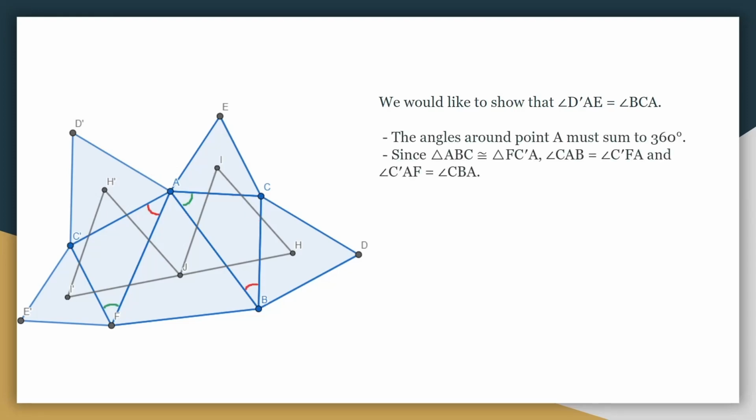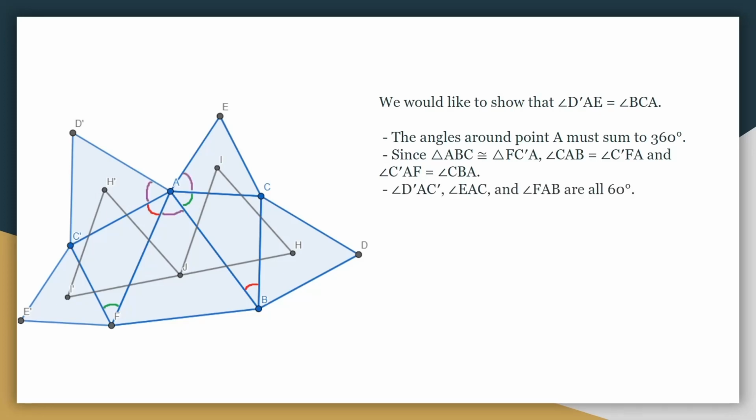First, let's observe that the angles around a point add up to 360 degrees, so the sum of angles around point A is 360 degrees. We also know that triangle ABC is congruent to triangle FC'A, so angle CAB is equal to angle C'FA, and angle C'AF is equal to angle CBA.